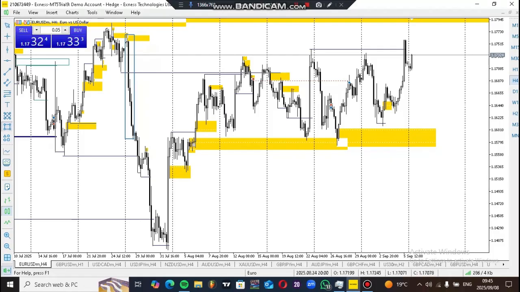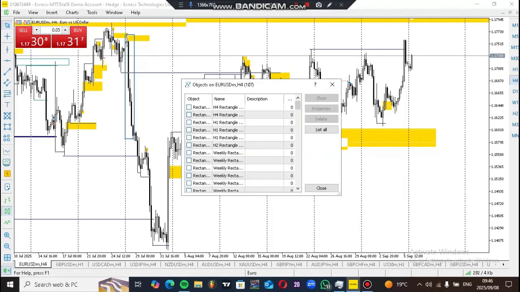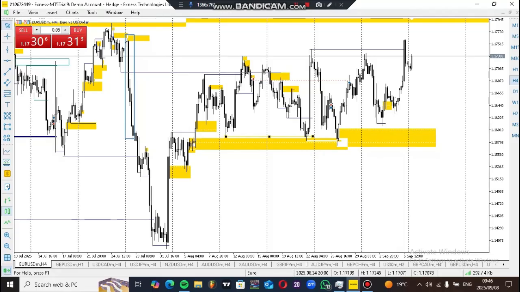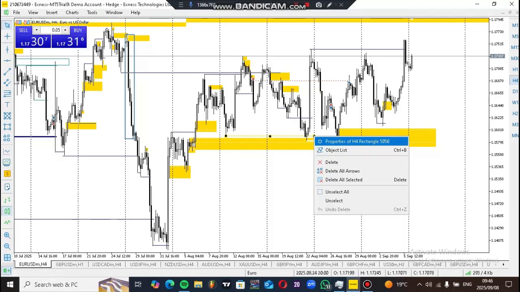As you can see, there was a lot of sideways movement, a lot of liquidity being accumulated before the market decided to take that liquidity out, and finally moved out, came back, did the same thing twice, and moved away nicely.